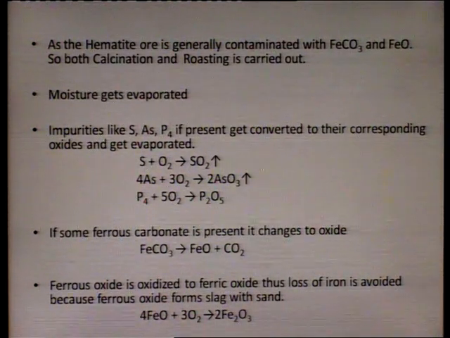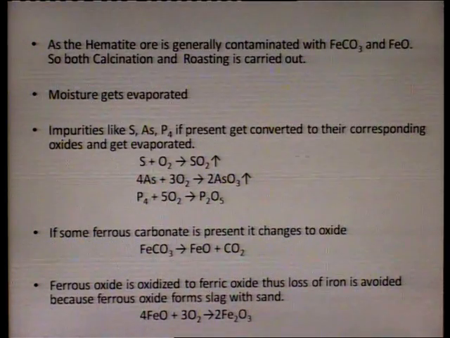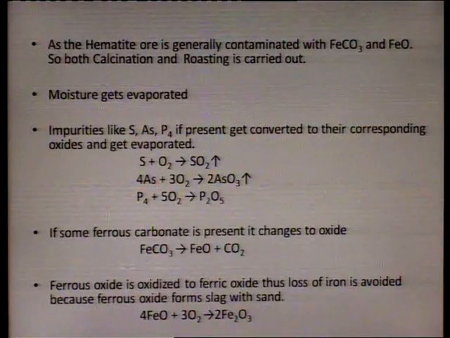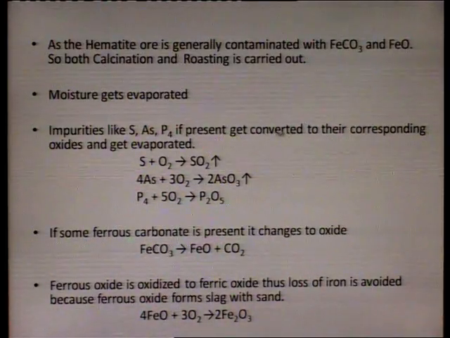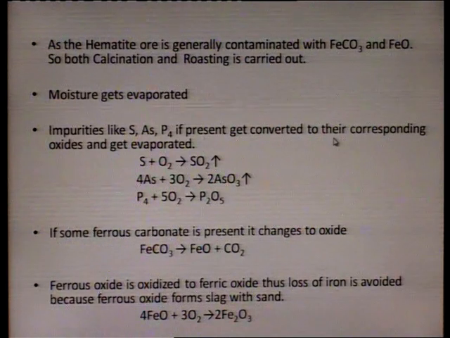First of all, the moisture will get evaporated, both in calcination as well as in roasting. Second, as the roasting is carried out, the impurities, if present, like sulfur, arsenic and phosphorus, will get converted to their corresponding oxides.